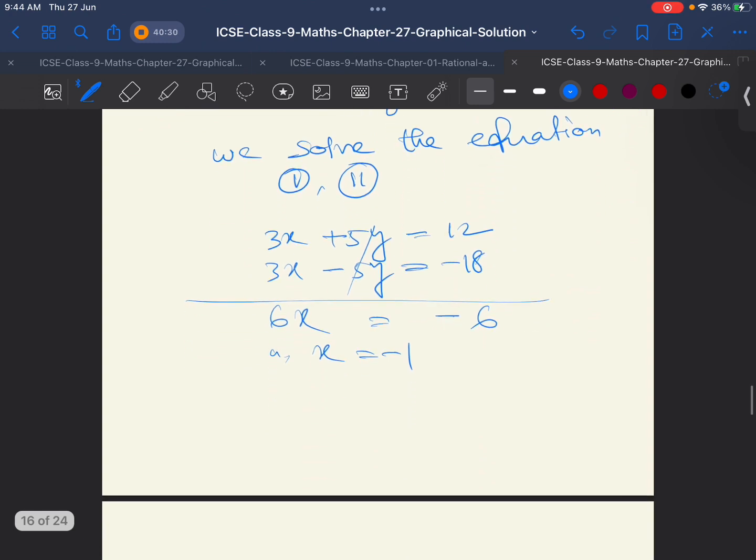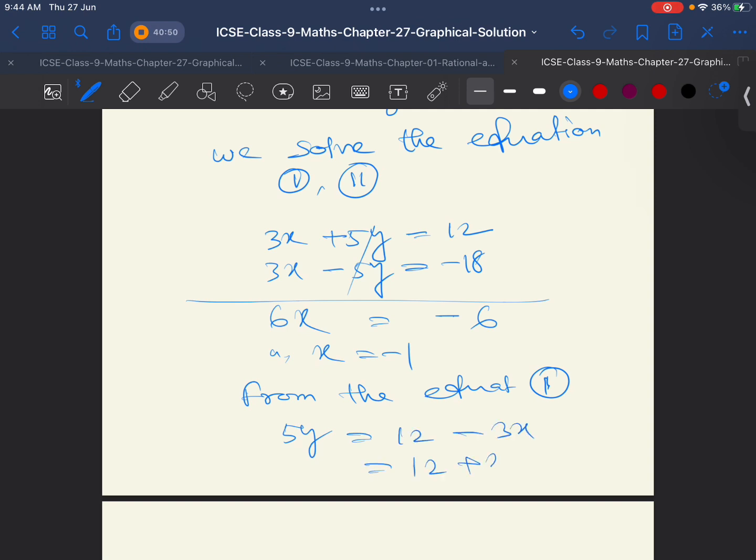And for y, we put the value of x in equation 1. We get 5y = 12 - 3x.